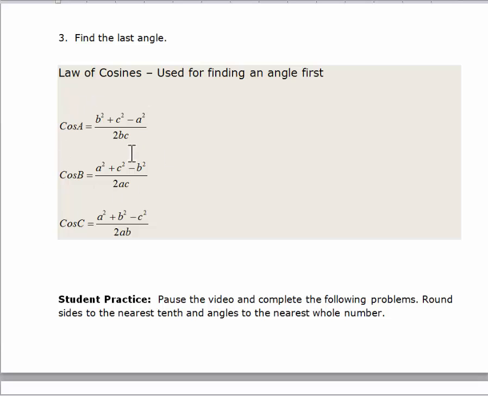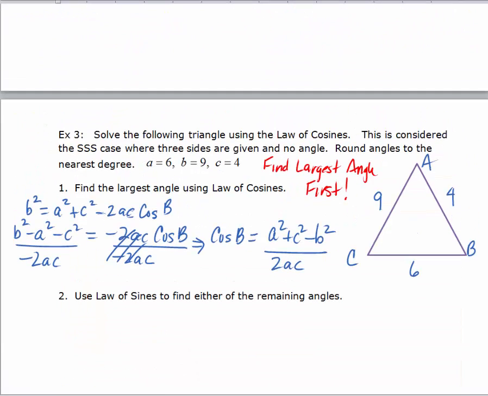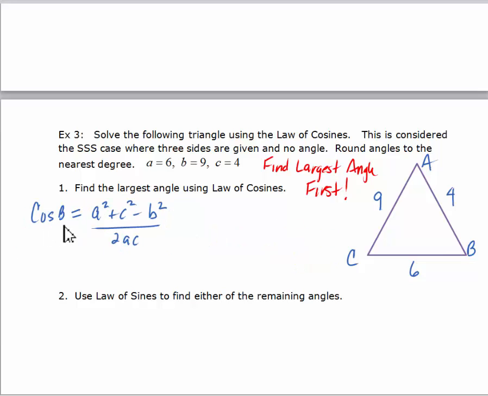So these won't be given to you on a test, but you have enough information to get these. So I'm going to erase this and actually use the formula to find B. We've got cosine B equals a squared plus c squared minus b squared over 2ac.